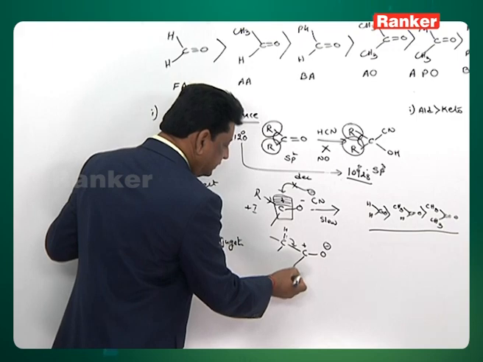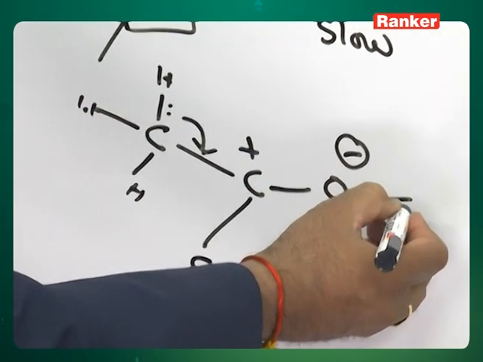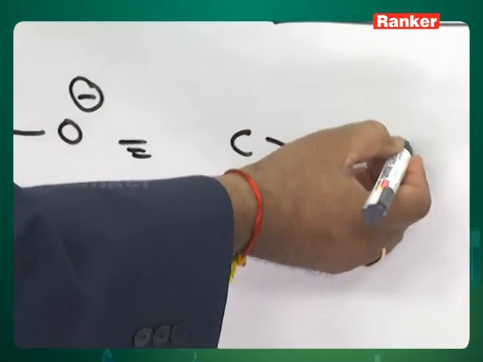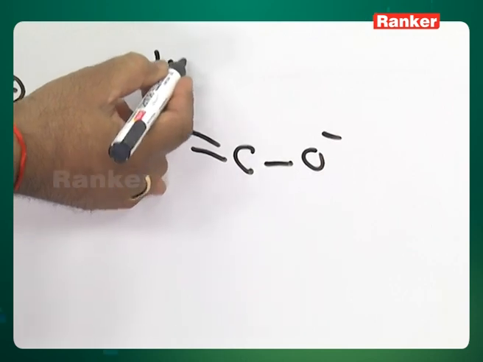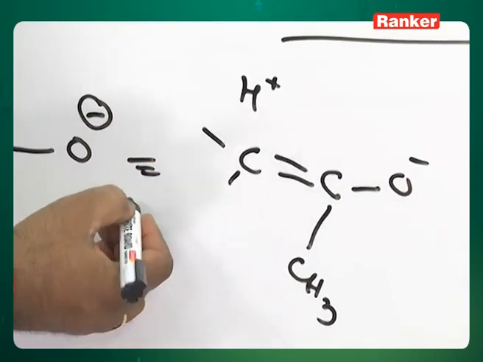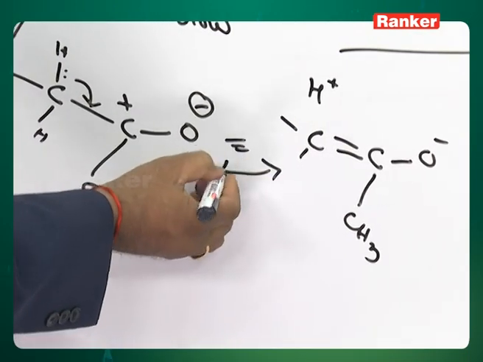It results in, let us say, this CH3 with H and H, the structure C double bond C, O minus, and the H will become positive, right. So this is the hyperconjugation structure of this compound.